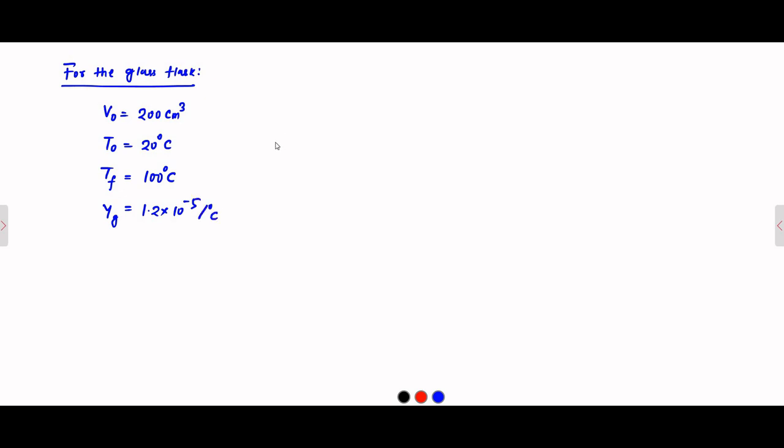So the increase in volume for the glass flask will be equal to gamma, the coefficient of volume expansion, times the initial volume V0, times the rise in temperature, that is final minus initial temperature. So it is equal to 1.2 into 10 to the power minus 5 into 200 centimeter cube, the volume, and TF minus T0, final minus initial, that is equal to 80.